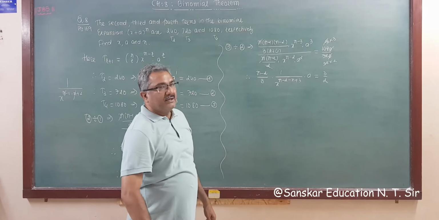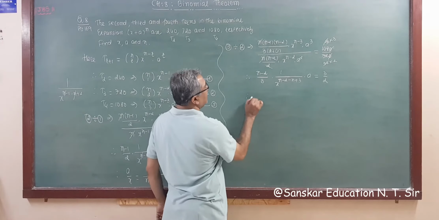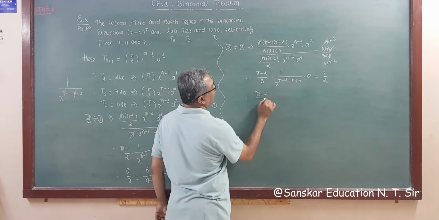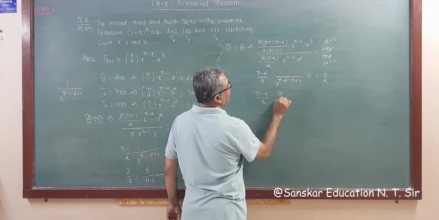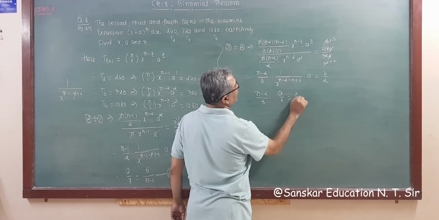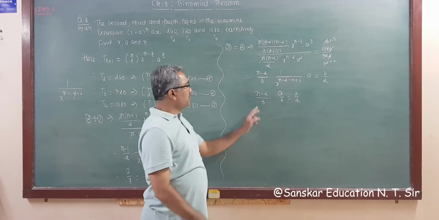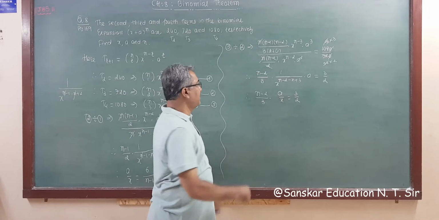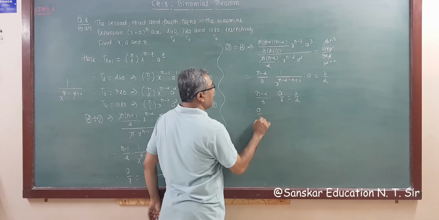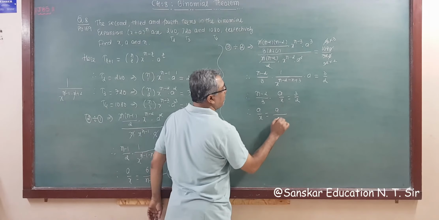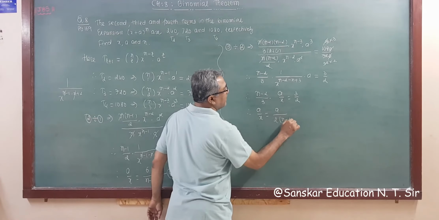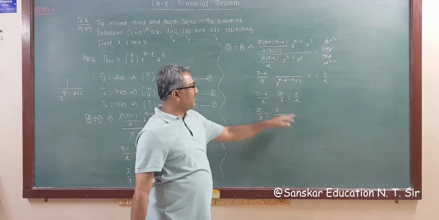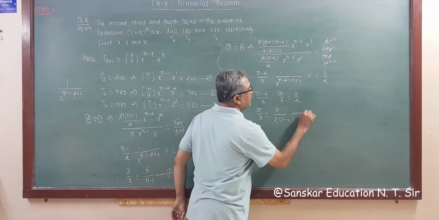Got it? Now, this is n minus 2 upon 3 into a by x is equal to 3 by 2. So taking these two here, this is 9, so a by x is equal to 9 upon 2 times n minus 2. Say this is number b.